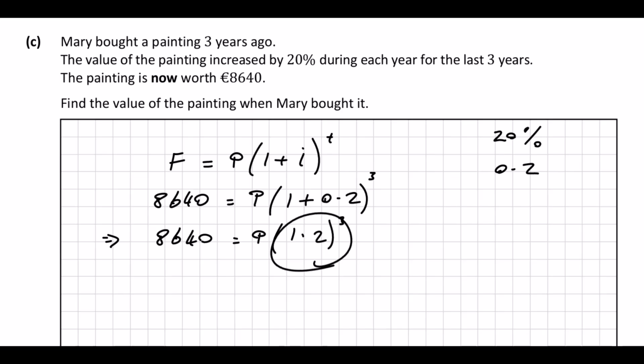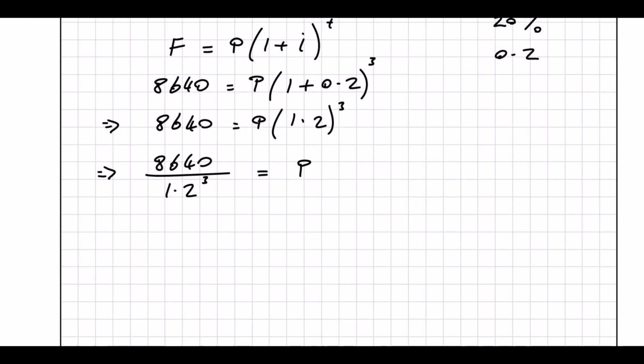Since these two things are multiplied, I'm going to divide by 1.2 to the power of 3. So it's 8640 divided by 1.2 to the power of 3, and that'll give me my principal. And when you work that out, you should get 5,000 euros. So that was the value of the painting when Mary bought it. So that's it for question 6.